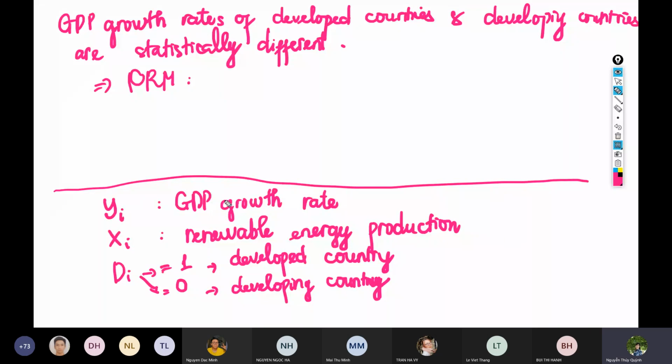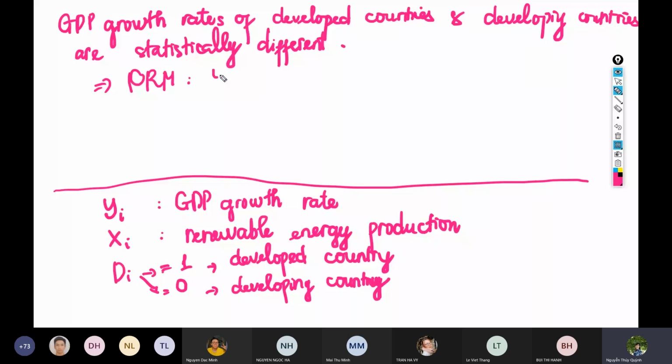A linear regression model. Can you read the model out loud? What will be our population model?